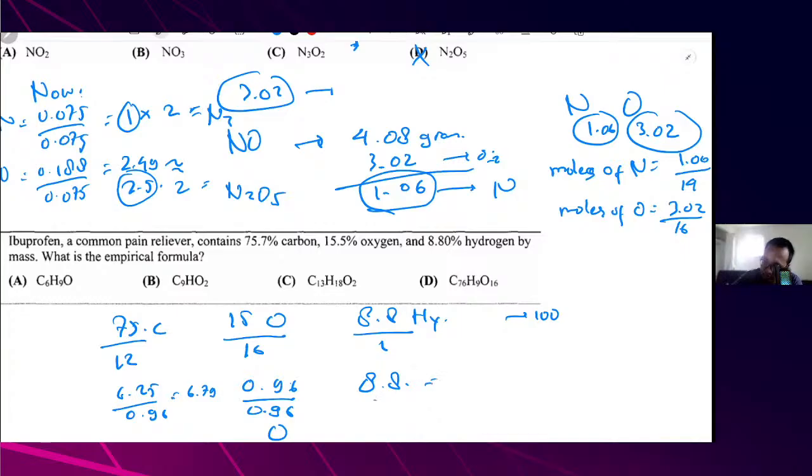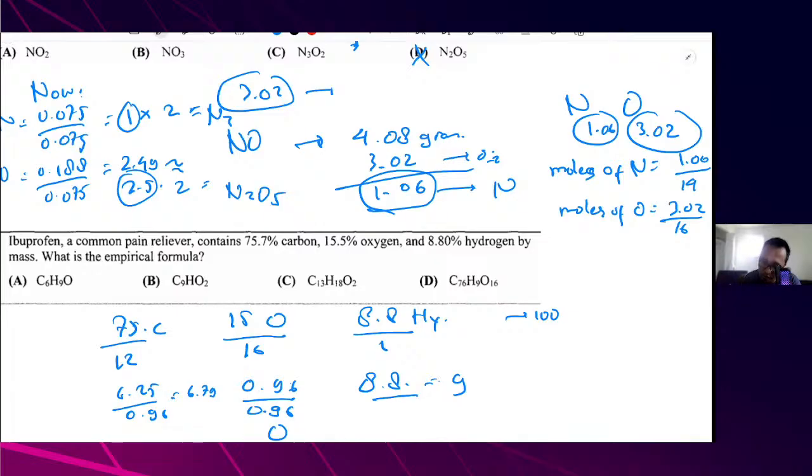And then this one, how about this one, 8.8 divided by 0.69, so it will be 9. Okay, it will be 9. So now we will get the answer.